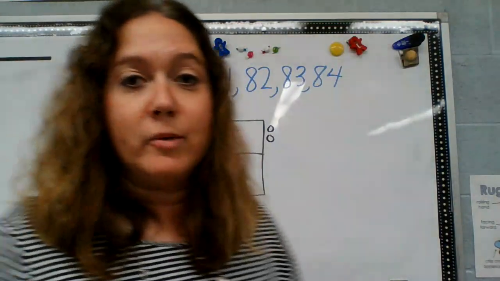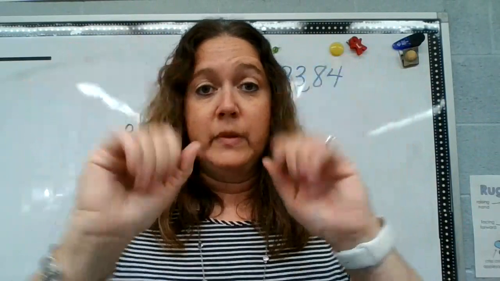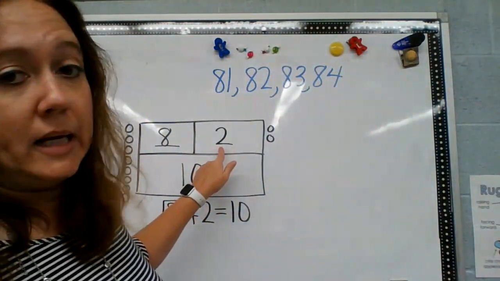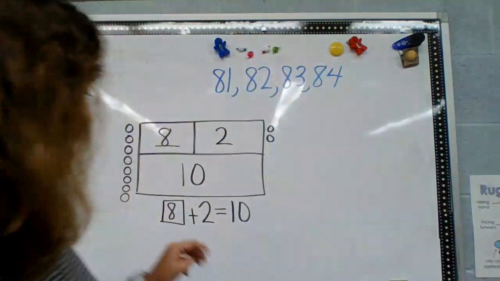Okay, I'm going to show you with the fingers again. Every time today we need 10 fingers. We're going to put down this many. 1, 2. How many fingers are left? 1, 2, 3, 4, 5, 6, 7, 8. It's the same answer.